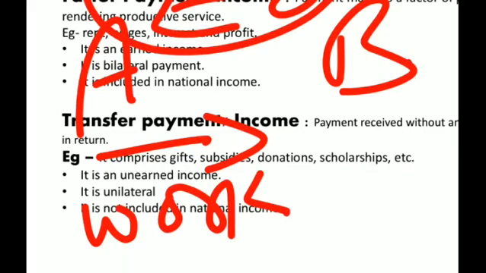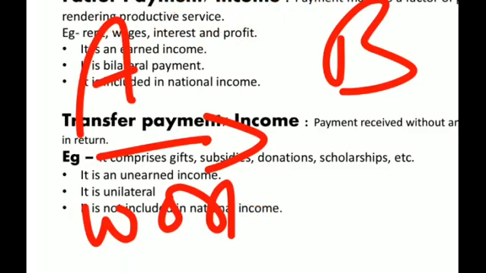Because B is giving money, B is paying A. So for B it will be factor payment, and A is receiving money, so for A it will be factor income, because A has worked for B, and for that work B has paid the amount. So if a payment is done for any work or service, then it will be called factor payment.